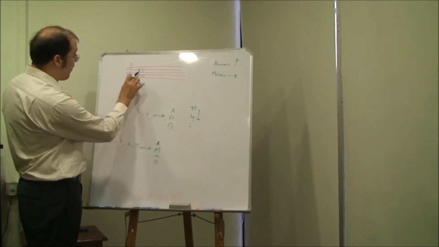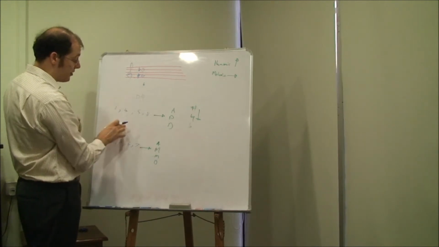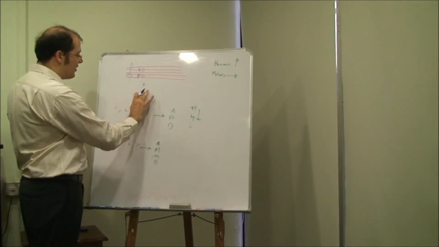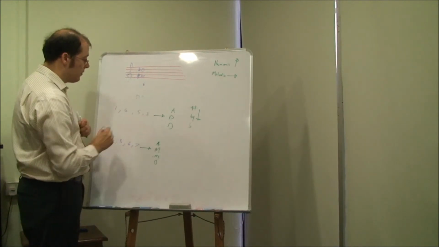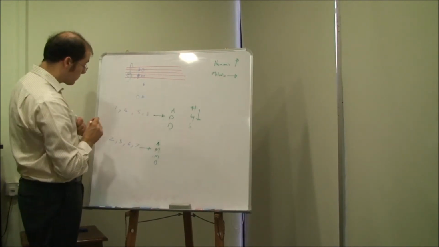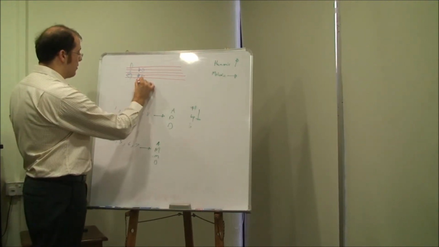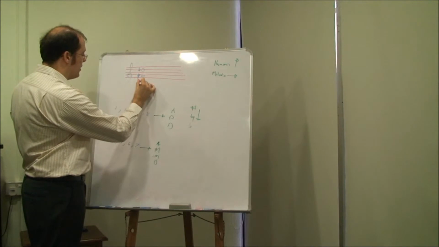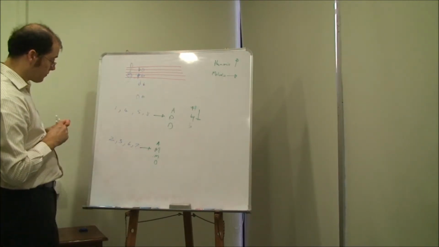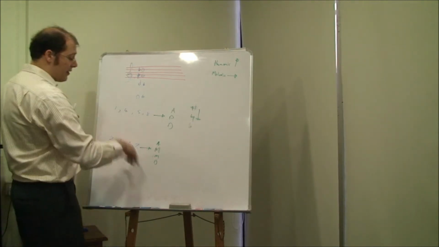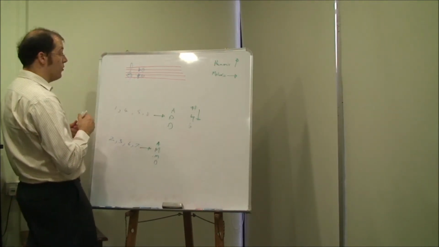So from F sharp to D natural would have been a minor sixth, but it's not, it's actually a D flat. So we have to go another semitone down. So in other words, this is a diminished sixth. So that just gives the way to do this.